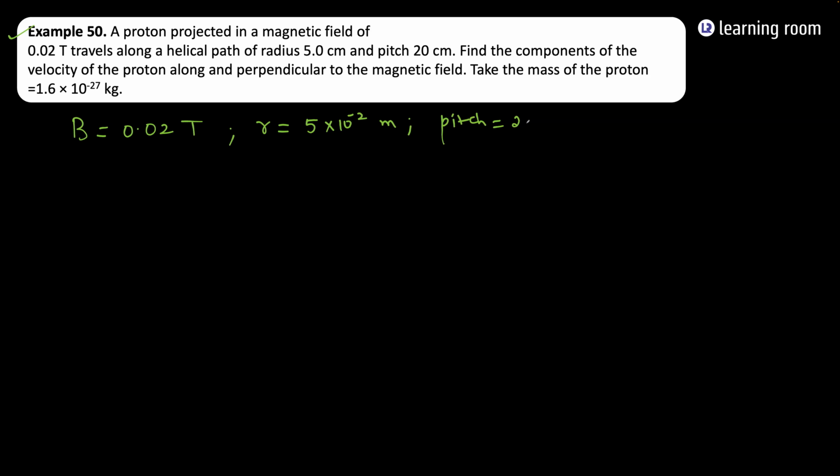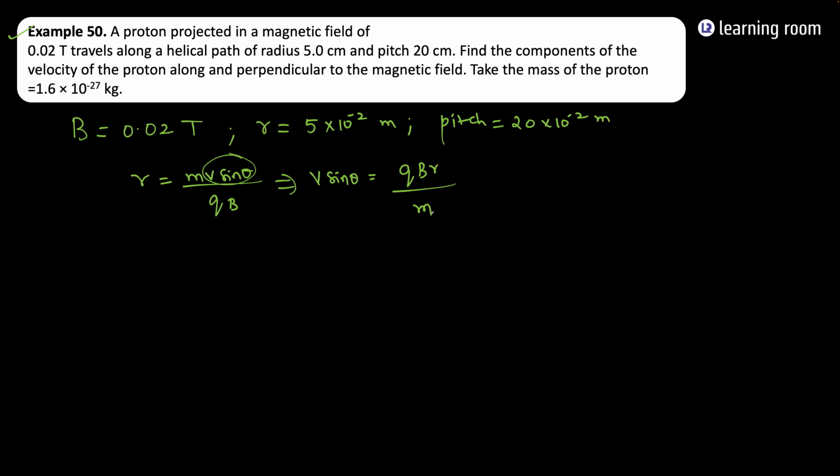Pitch is equal to 20 into 10 power minus 2 meter. Is it clear? So what is the formula for radius? R is equal to mv sin theta divided by qB. So v sin theta, leave it as it is, which implies v sin theta is equal to qB into r divided by m.